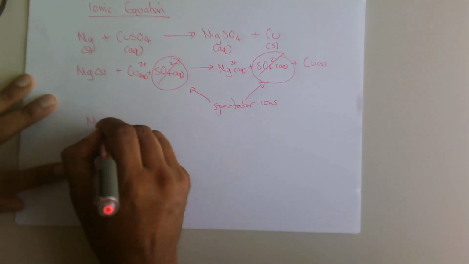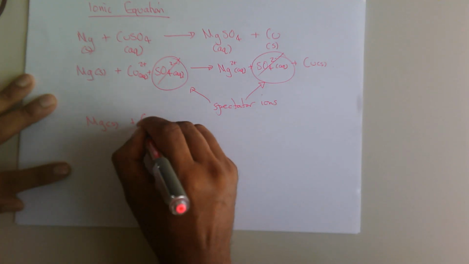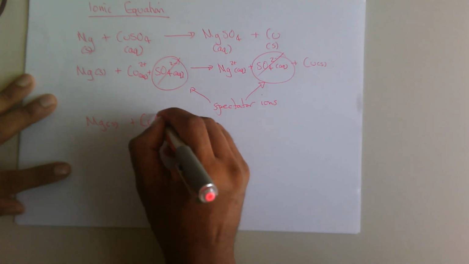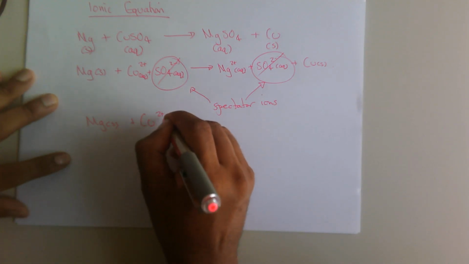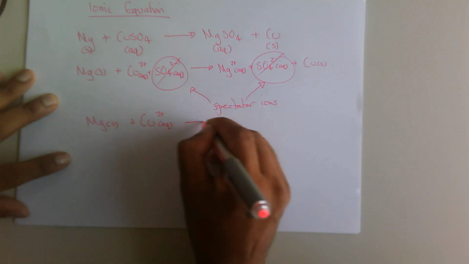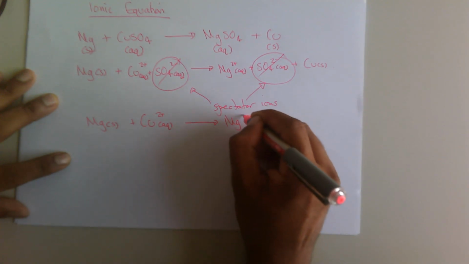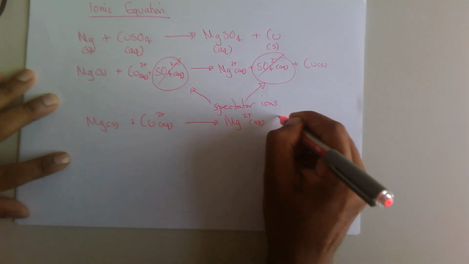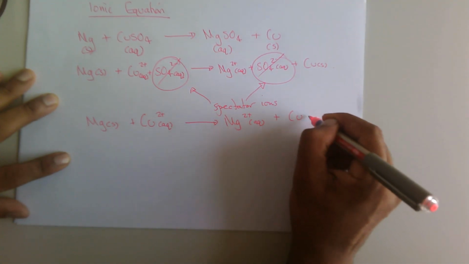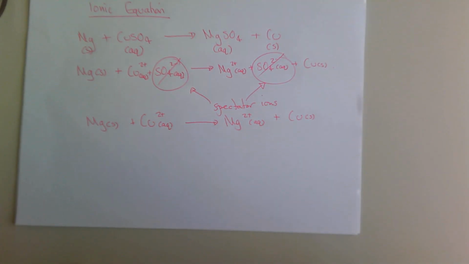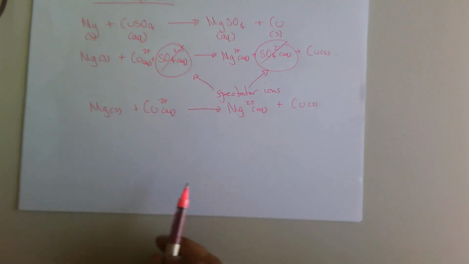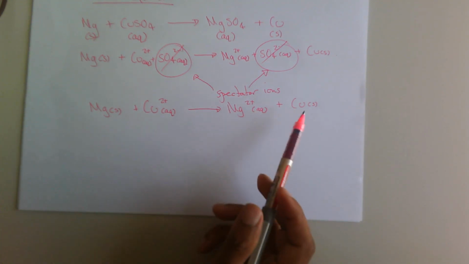So magnesium solid reacts with Cu2+ aqueous, becomes Mg2+ aqueous and Cu solid. Okay, so that's your ionic equation.